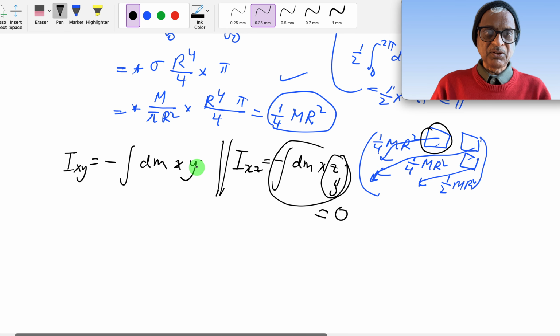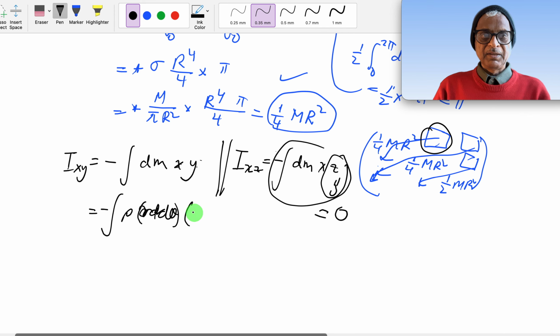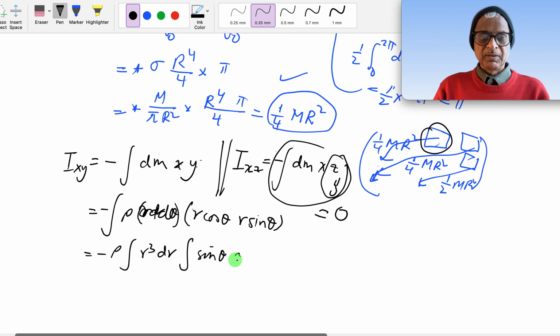But these are not 0, so let's see what will happen. Rho r dr d theta, and x is r cosine theta, and y is r sine theta. So we have a minus rho r square r cube dr, and then sine theta cosine theta d theta.